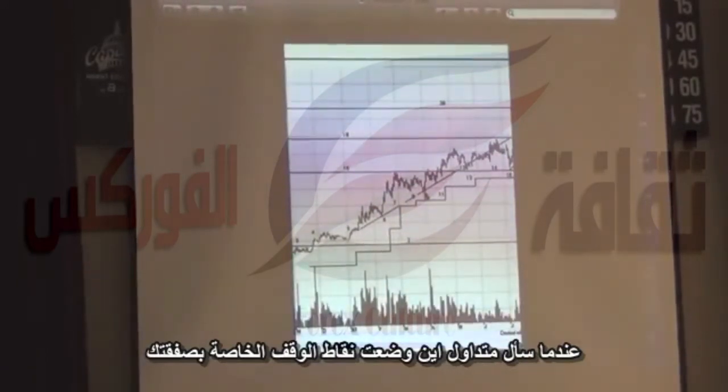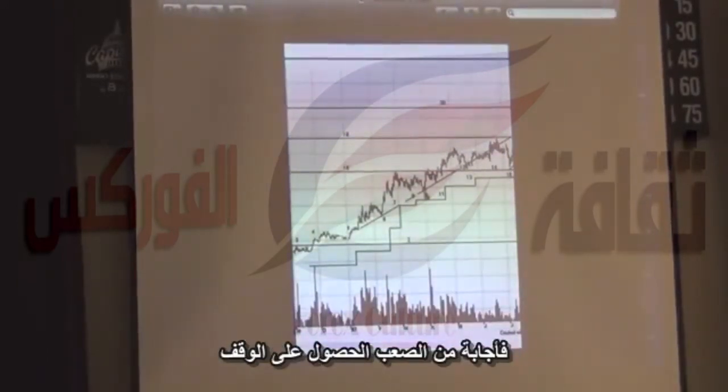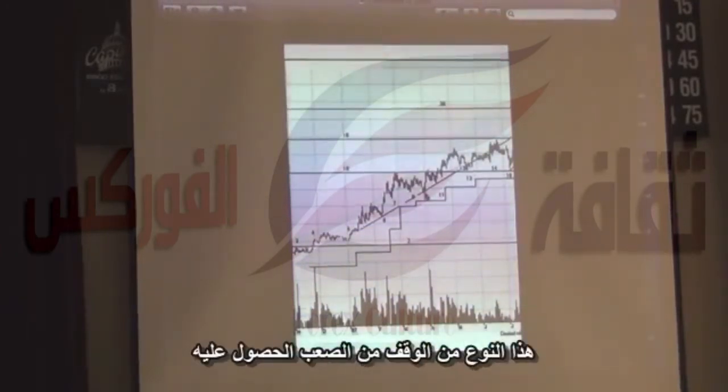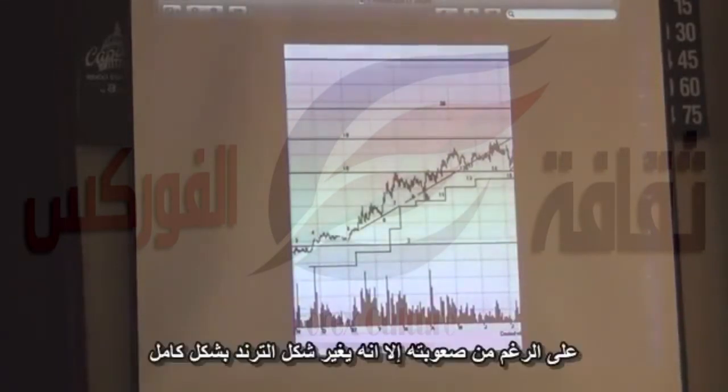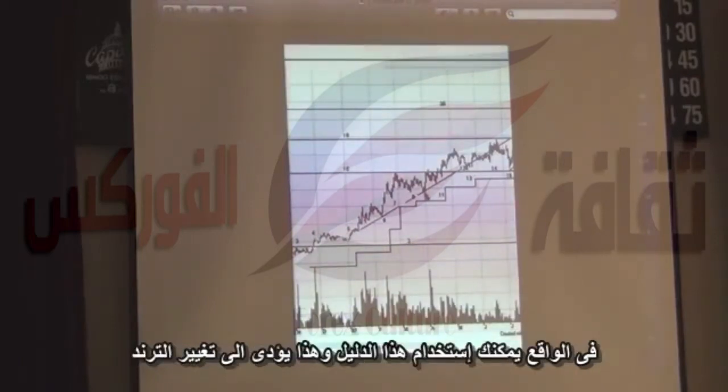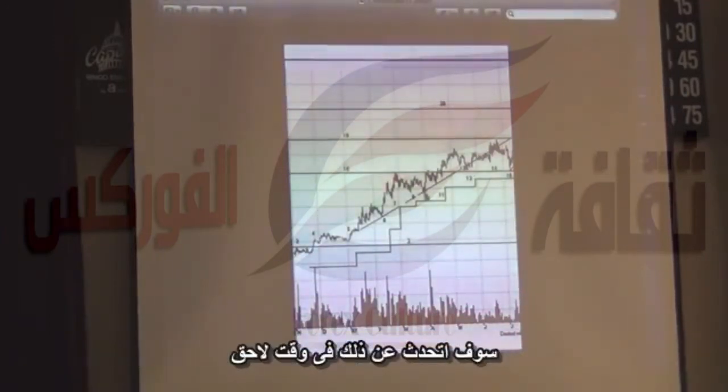And Kovner said, where they're hard to get to. This kind of stop is very hard to get to. This kind of stop runners can't get to unless the trend has truly changed. Okay, and in fact, you can use this as an indication that the trend has changed. So I'll talk more about that later.